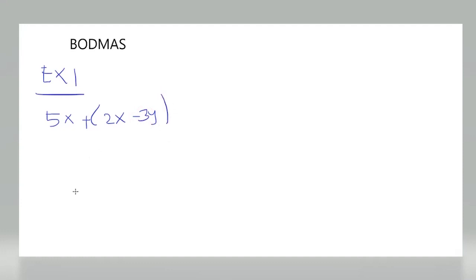Always follow the rules. Now we start with 2x minus 3y. It is impossible to simplify because these things are not the same, they are quite different. So we automatically open the bracket. Now 5x plus 2x, of course I'm copying the question here.